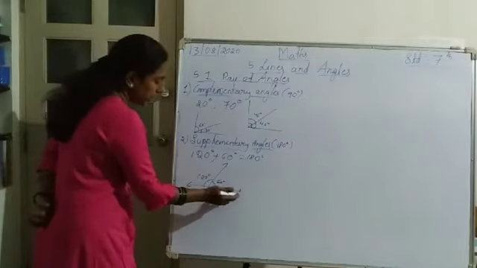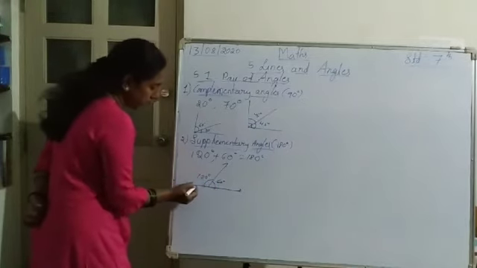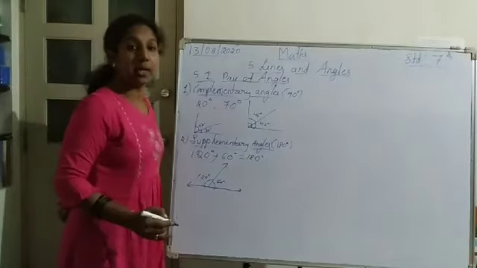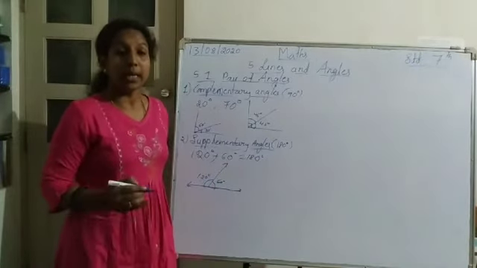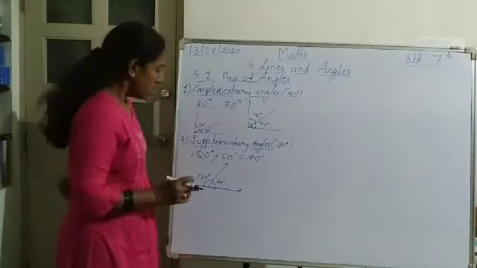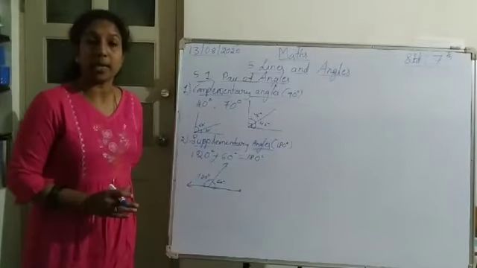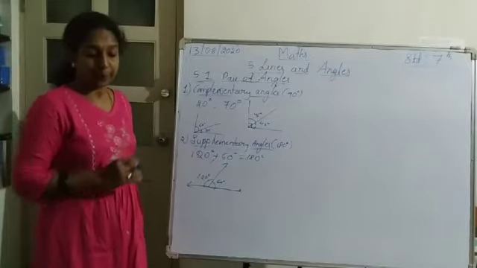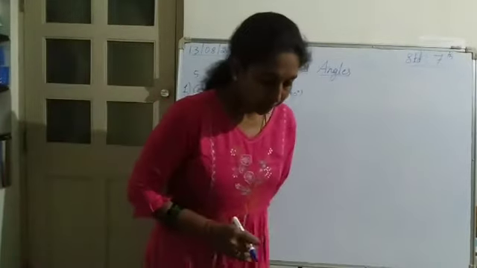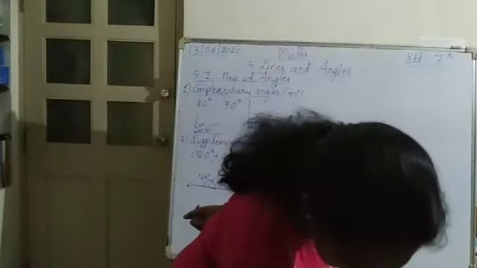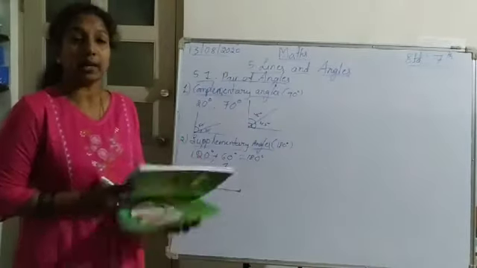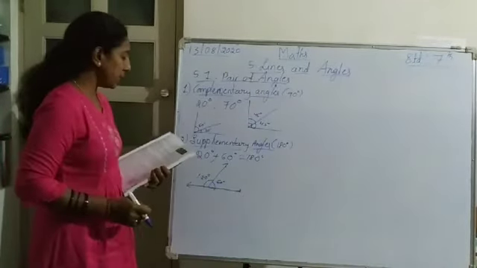Here 180 degrees, we know, is a linear pair. So these supplementary angles we also call a linear pair. We say that the two angles are a linear pair.